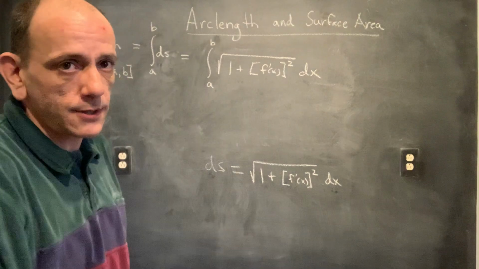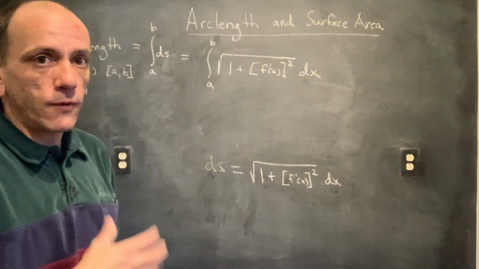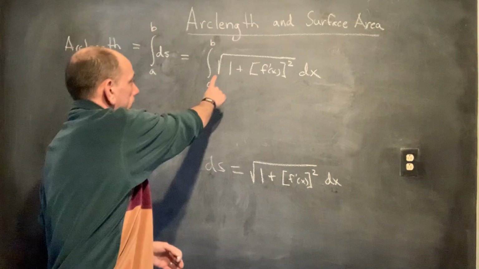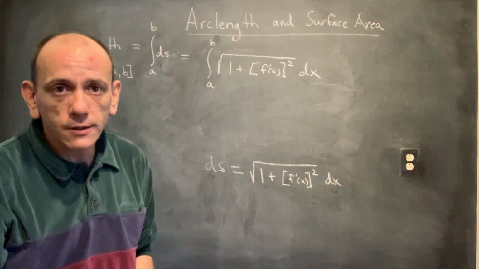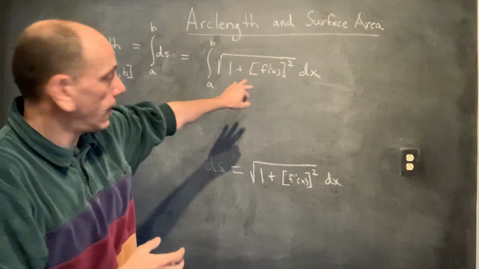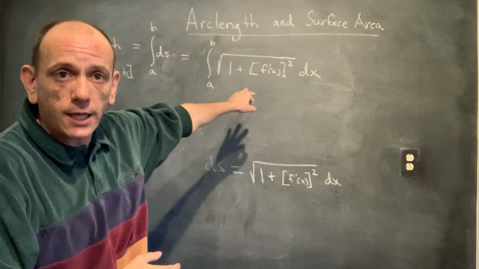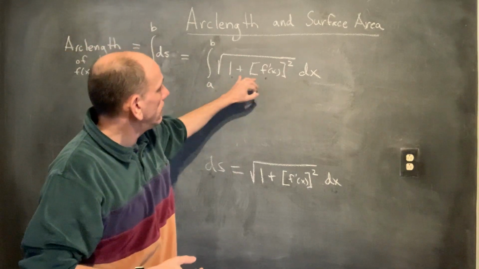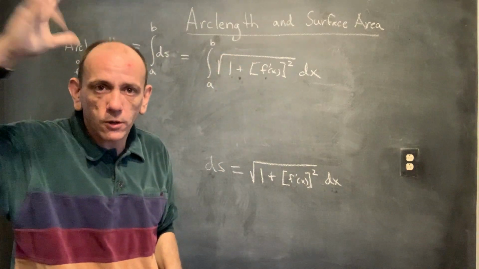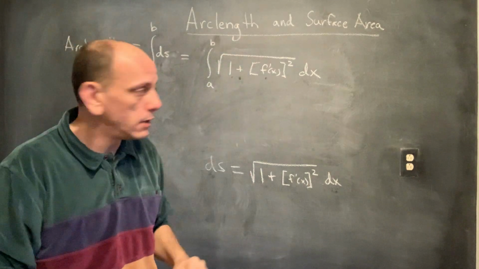It's not so much the setup, it's we've got to jump through algebra hoops and try to do everything possible in order to get out from under that root, either to get a perfect square and eliminate it, or to u sub for whatever's underneath. If I can u sub what's underneath here, then I'll just have u to the 1/2, and it's this power rule, 2/3 u to the 3/2, and we're done.